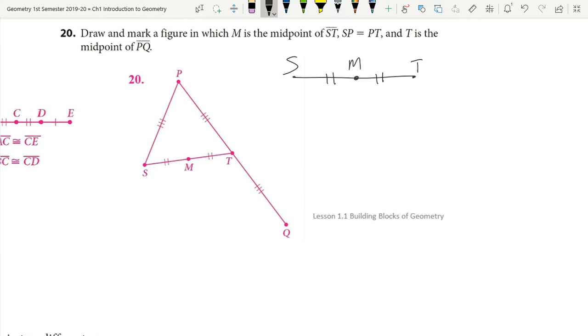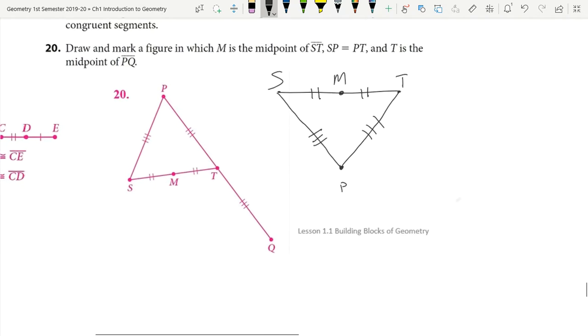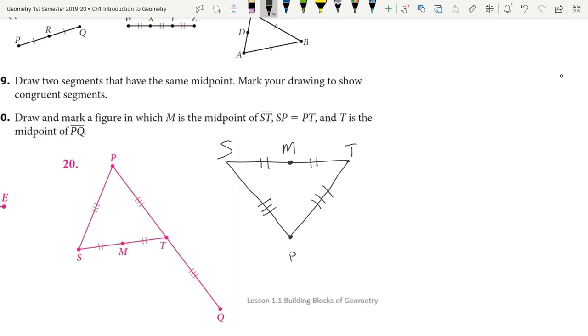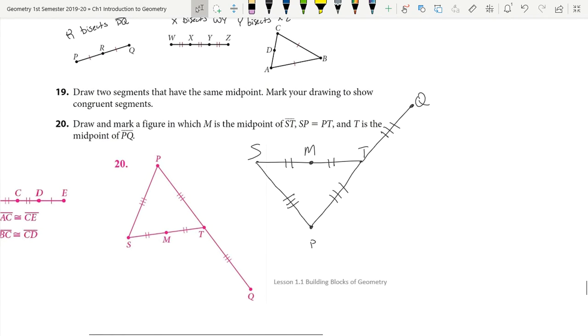And so we need a point P. And I'll just put it right here. And then it looks like what we have now is a triangle. These are the same. And then we have T as the midpoint of PQ. So now we need a point Q. And T needs to be a midpoint, so mark it with 3 dashes there. And you're done. That's number 20.